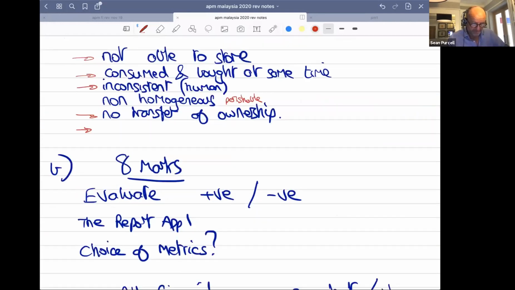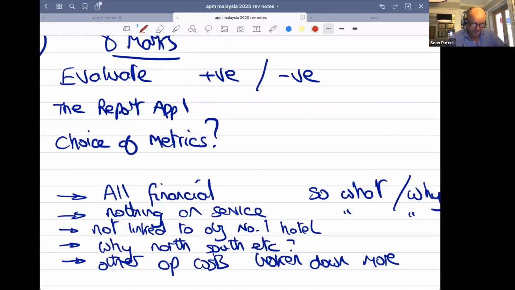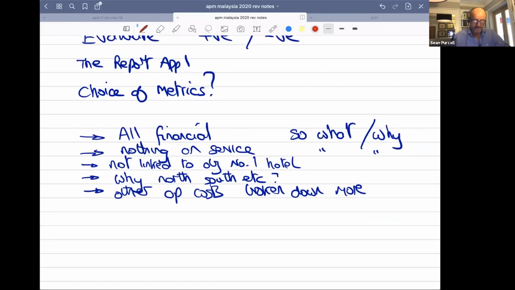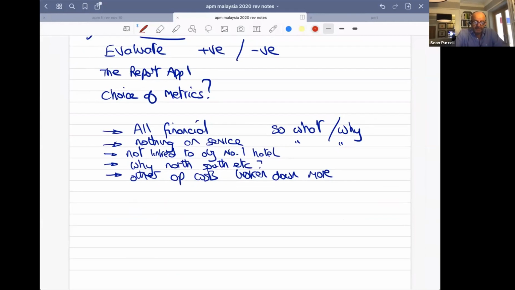So I've written some: evaluate, look at the report, and look at the choice of metrics. As I've said already, all of the metrics are financial. So what? Well, it doesn't quite link in with what was suggested for the management as an improvement. It's a service business, and there are no reports on the service levels. The mission was about being the number one hotel. Why?